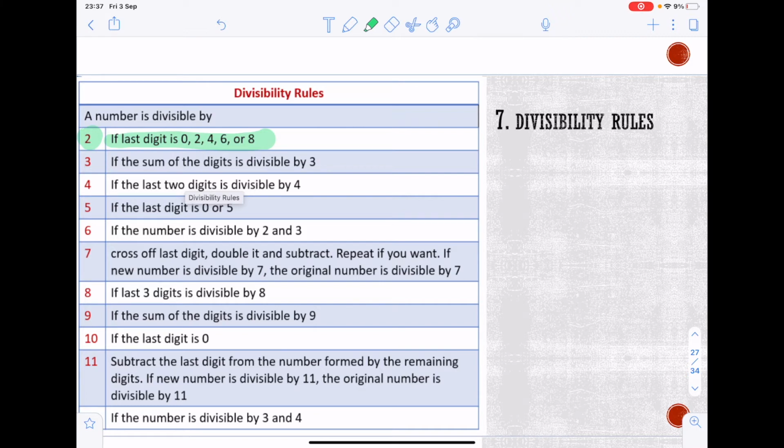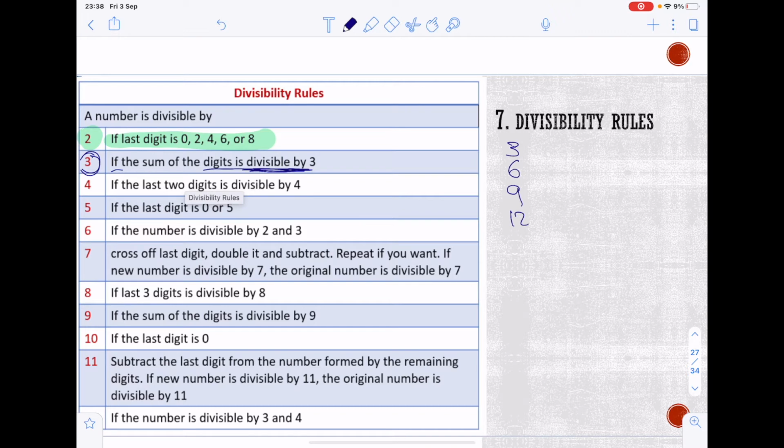So basically, if it's even, it would be divisible by 2. The number would be divisible by 3 if we add all the digits together and you get a number that's divisible by 3. Let's see the times table of 3. We have 3, 6, 9, okay.